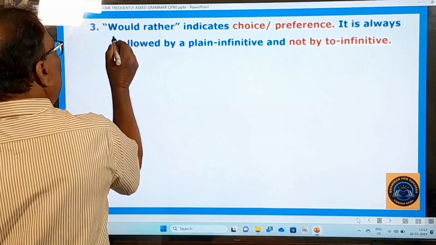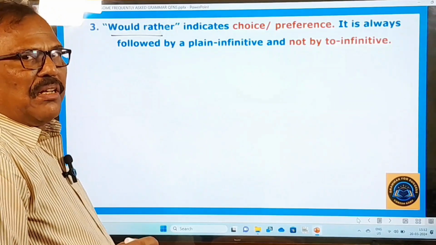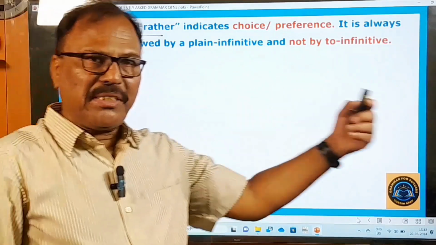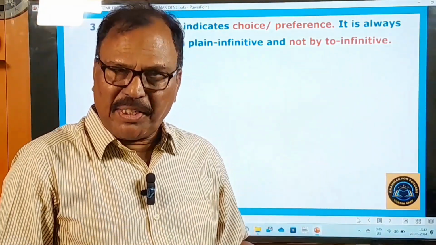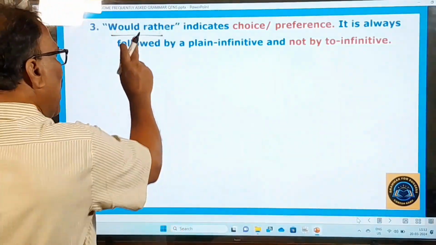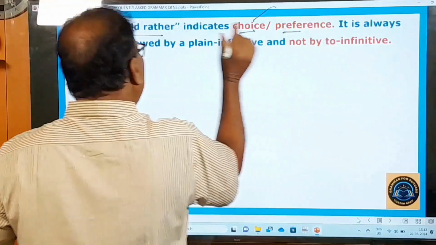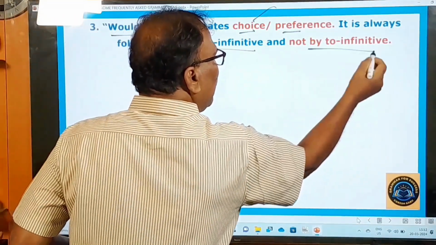And next phrase is there, would rather. It is also a very important grammatical aspect, just like had better. After had better, we don't use a to infinitive but a plain infinitive. Similarly, this would rather is also there. It indicates choice or preference. It is also followed by a plain infinitive but not by to infinitive.